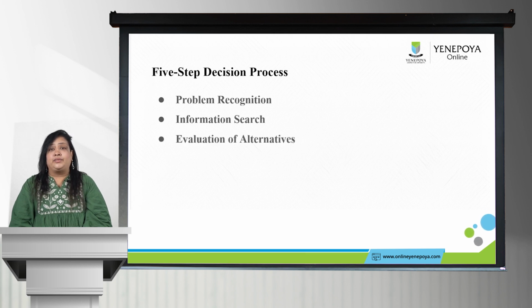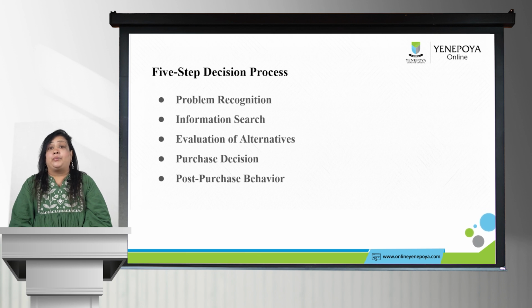Evaluation of alternatives. The consumer compares different options based on factors like price, quality and features. And the next is purchase decision. The consumer selects the most suitable option and makes the purchase. Post-purchase behavior. The consumer evaluates their satisfaction with the purchase and its alignment with their expectations.